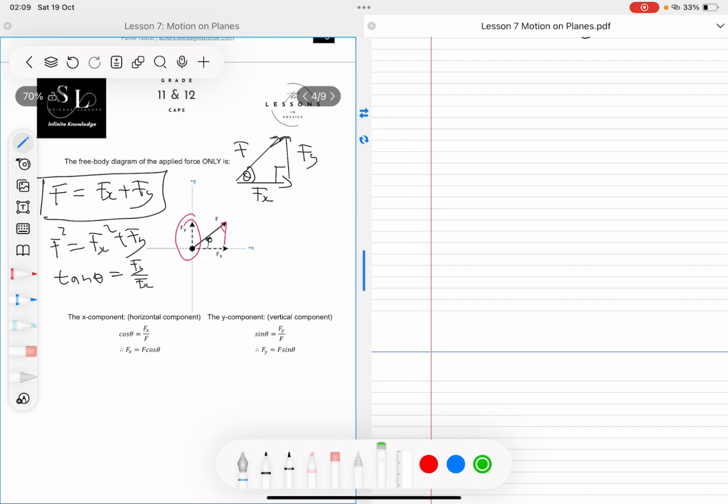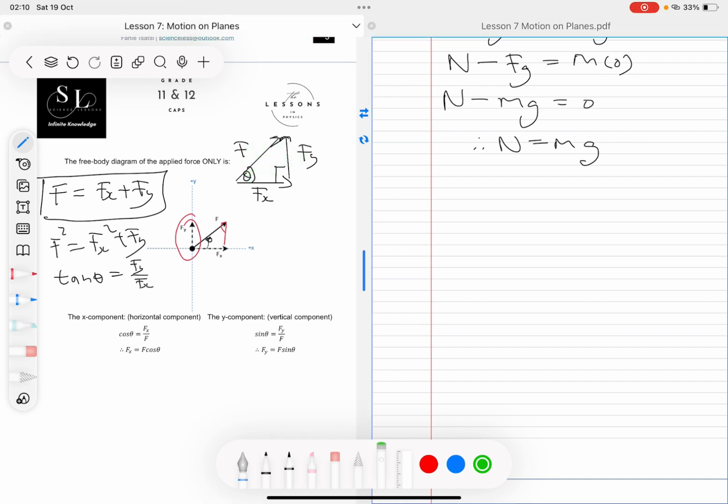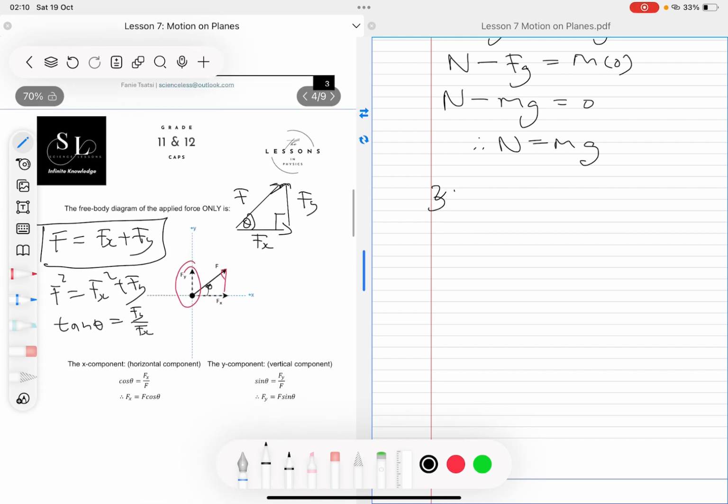Now, already you can see from this triangle also that we can use trigonometric ratios to also solve this problem. So this is scenario 3.